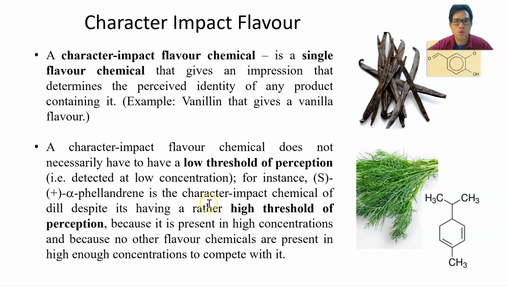But in dill itself, the chemical is in rather high concentration, and there's no other flavor in dill that can compete with this dill flavor. So, as I summarize, the character impact flavor can be a low threshold or a high threshold perception chemical.